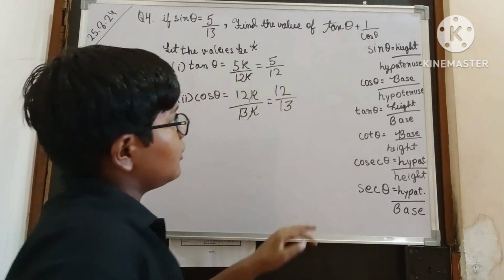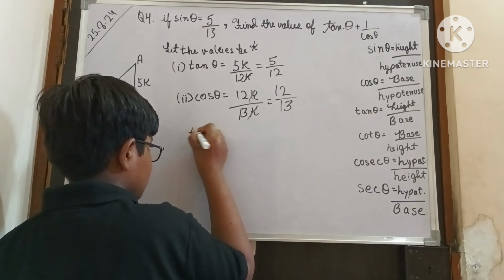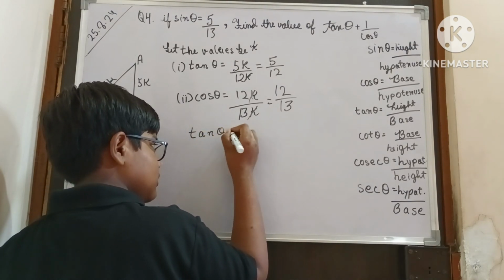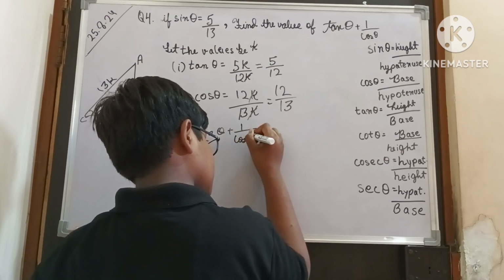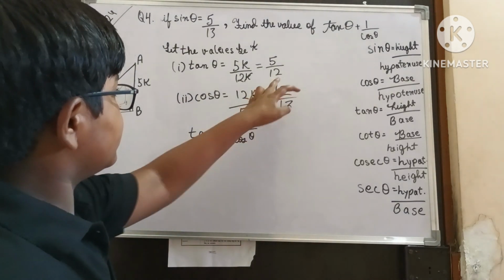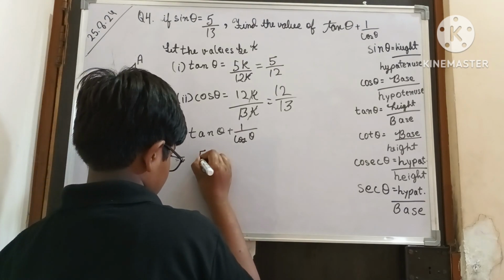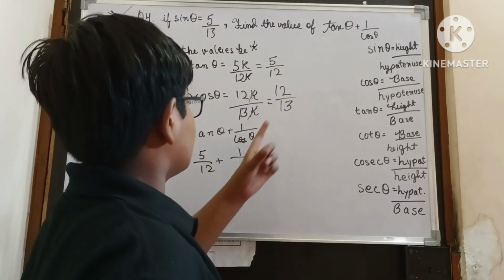Now we will find the value of our main expression, which is tan theta plus 1 upon cos theta. So the value of tan theta is 5 by 12 and the value of cos theta is 12 by 13.